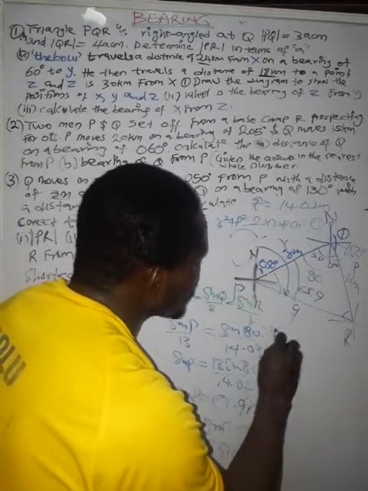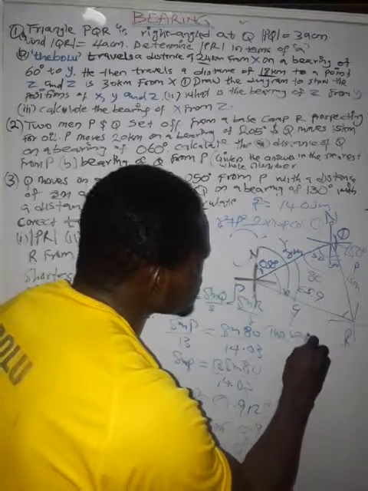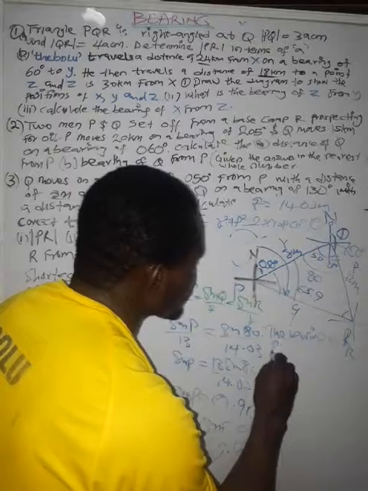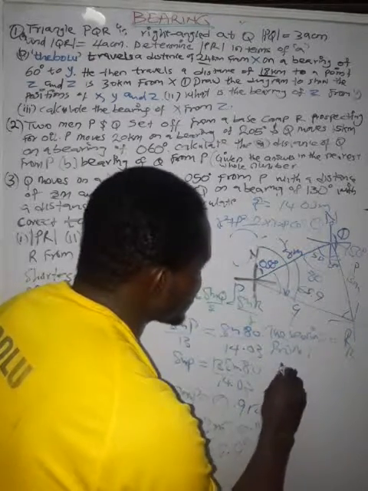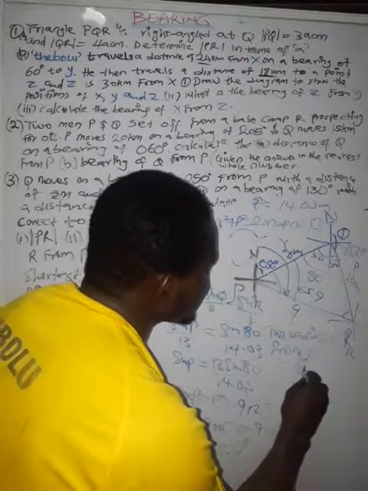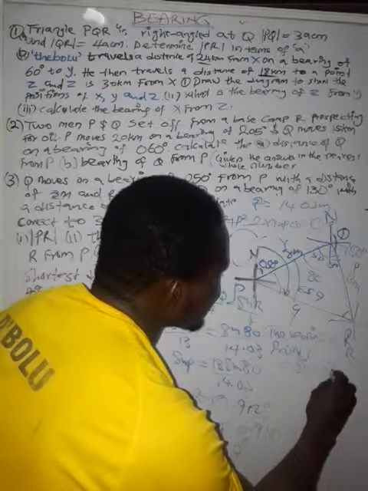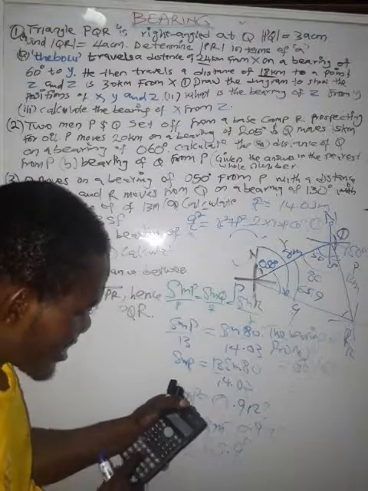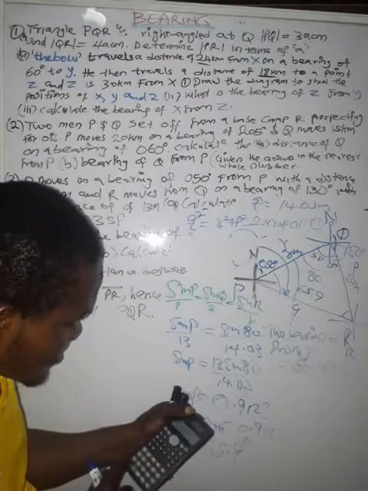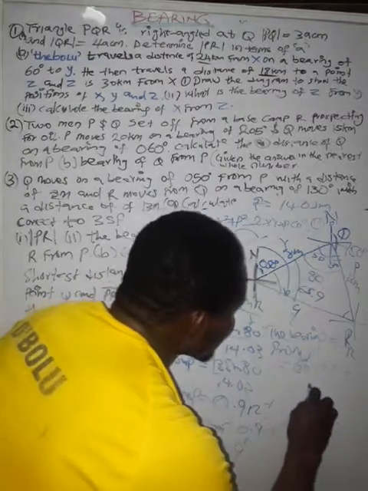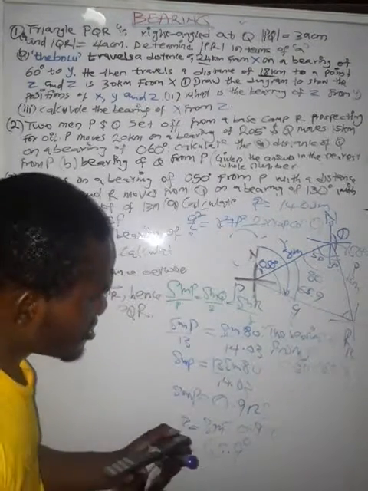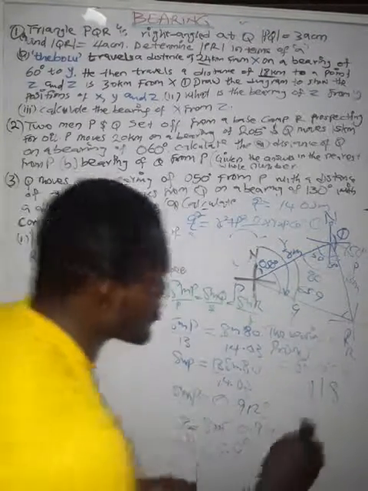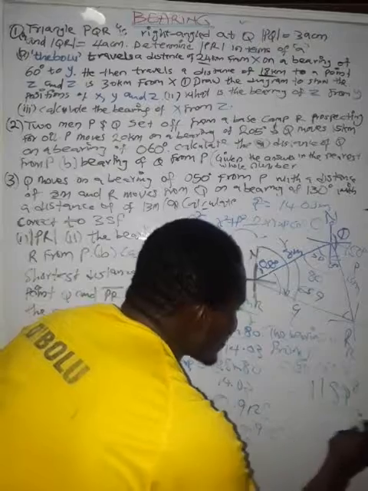So we say therefore the bearing of R from P equals 50 plus 65.9. That is 115.9 degrees. So that is the bearing.